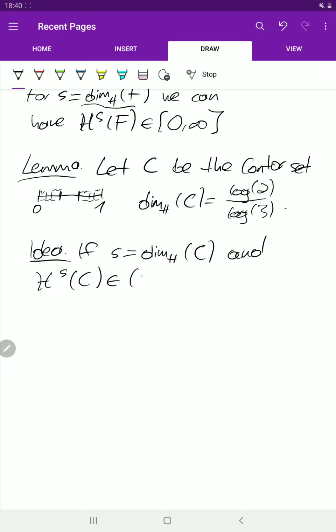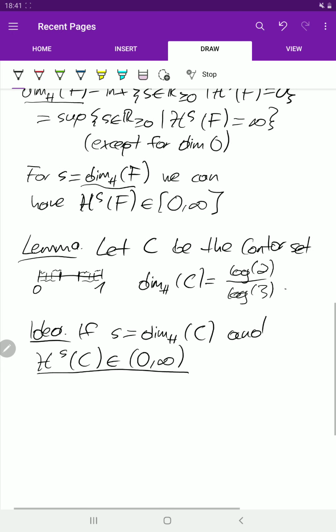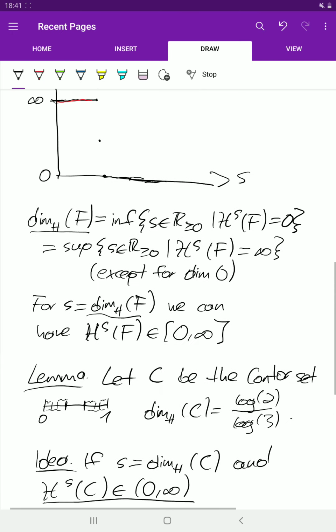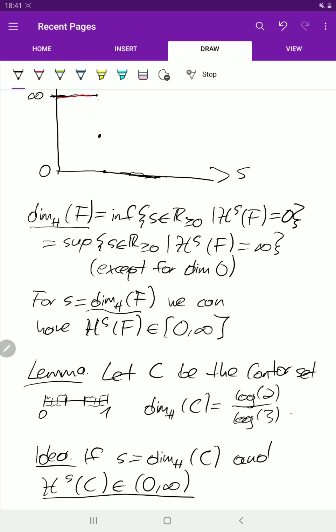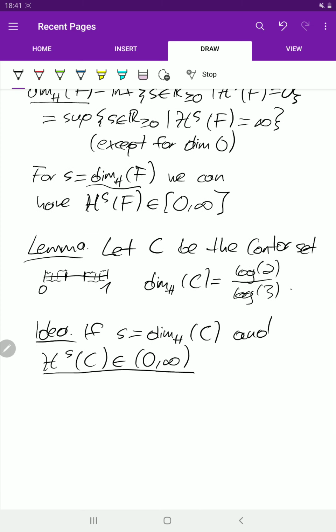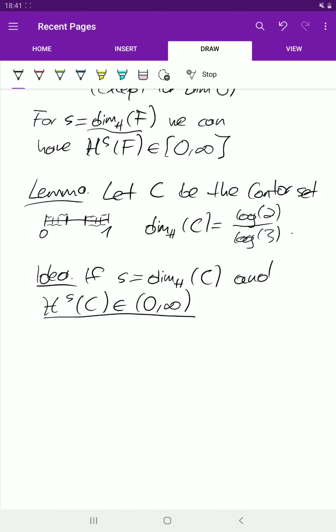We assume that the Hausdorff measure at s equal to that dimension is not infinite and also not 0. So that's our assumption.